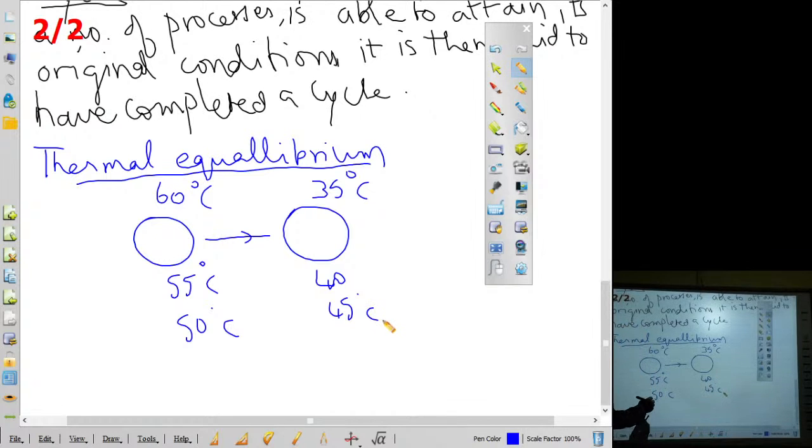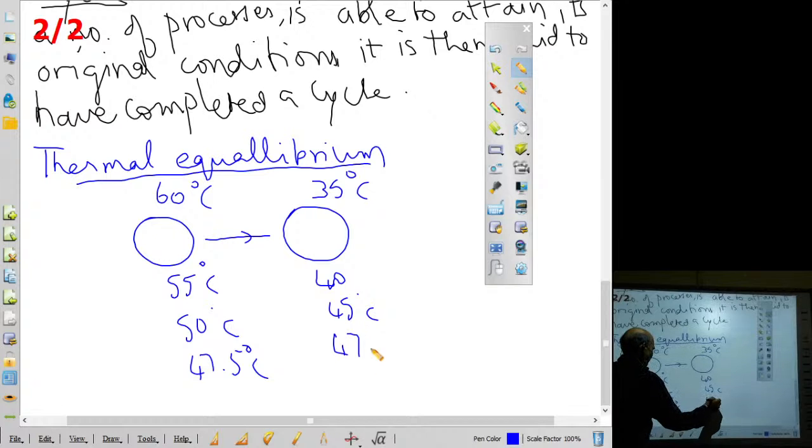Then this will become 47.5, and at that point this will also be 47.5. Now both bodies have the same temperature. Heat flows from higher temperature to lower temperature, but at this stage there is no higher or lower temperature, so there is no heat flow.